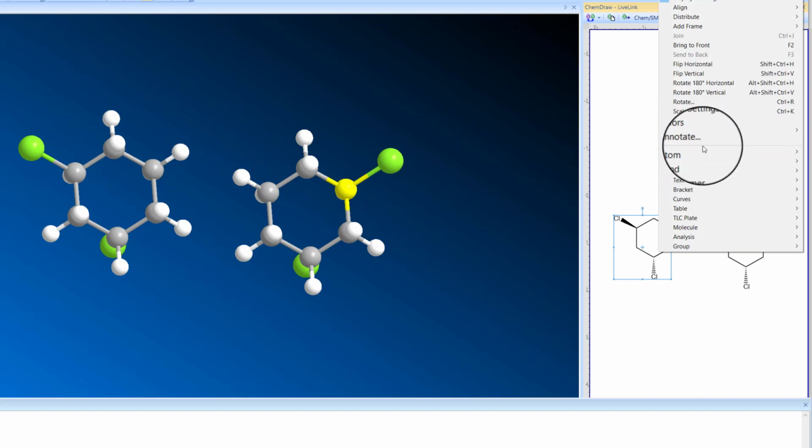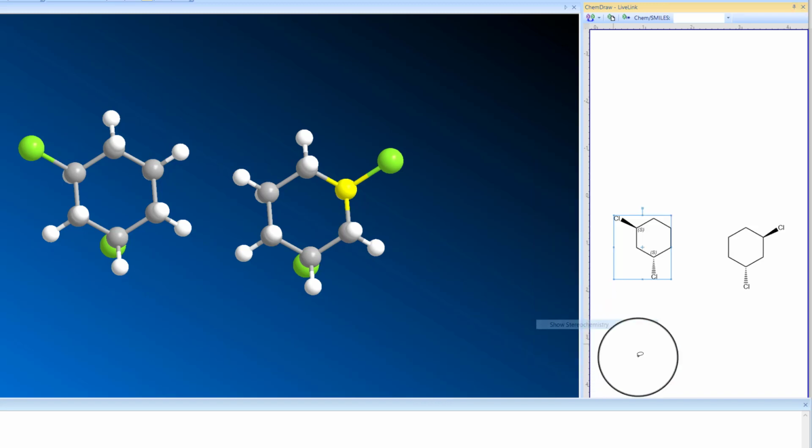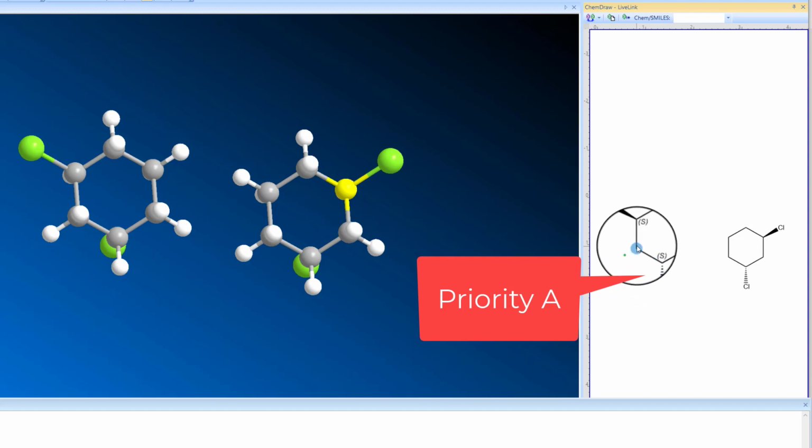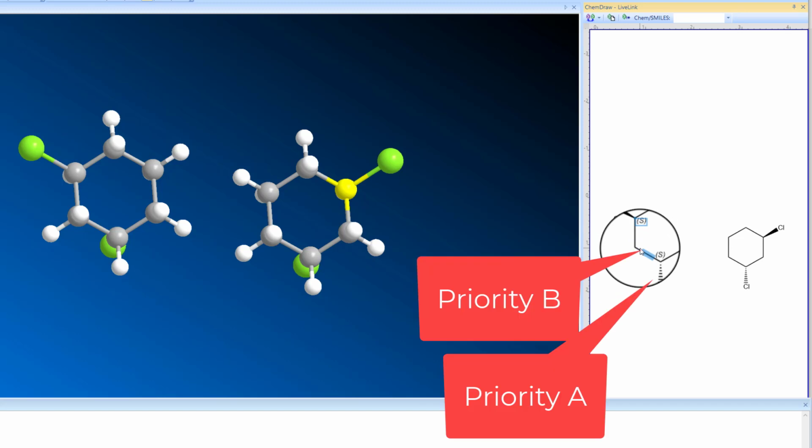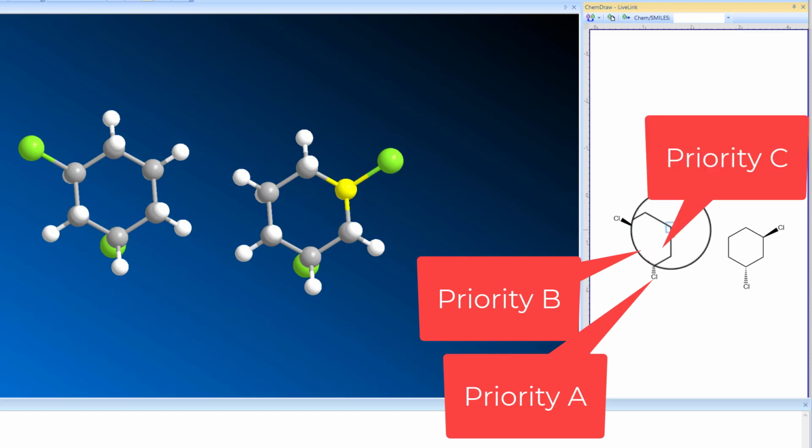If I go to atom here, I can put the stereochemistry, and these are both S. Now, why is that the case? Well, here we have priority number 1, or A. If we go around this side of the molecule, then when we encounter this, that's going to be group 2. If we went round that way, that would be group 3.